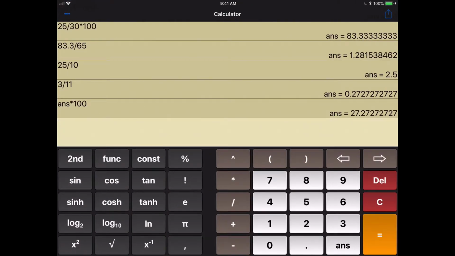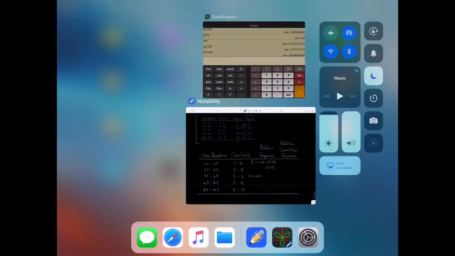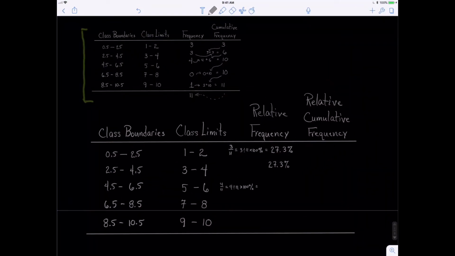We take 4 divided by 11 times 100 and round to the nearest tenth of a percent. We have 36.36, so the 3 is in the tenths position, and with a 6 after it we round up and write 36.4%.